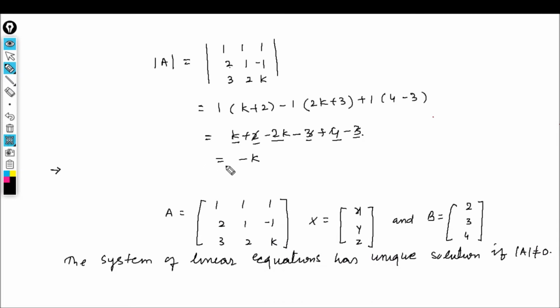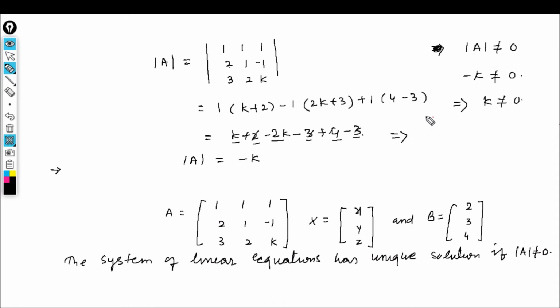So determinant of A is coming minus k. So determinant of A is not equal to 0 implies minus k is not equal to 0, which implies k is not equal to 0.